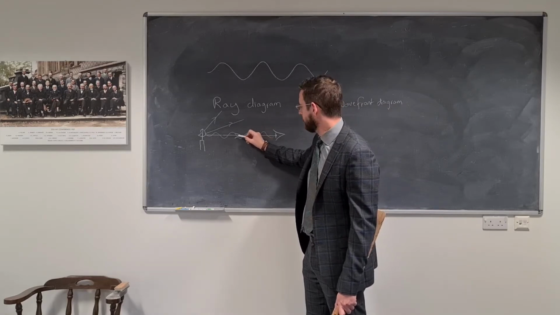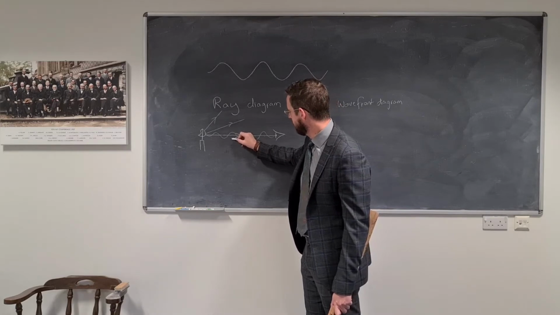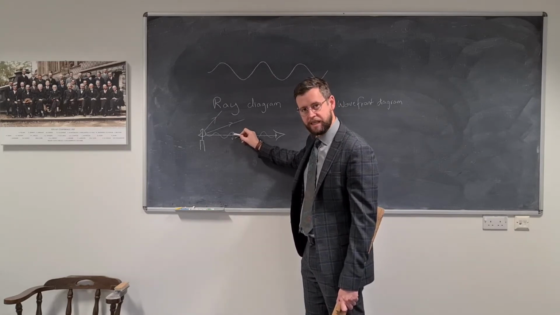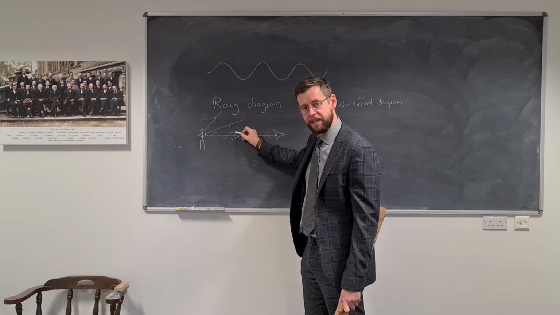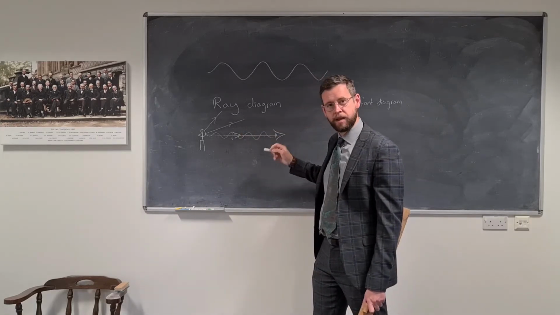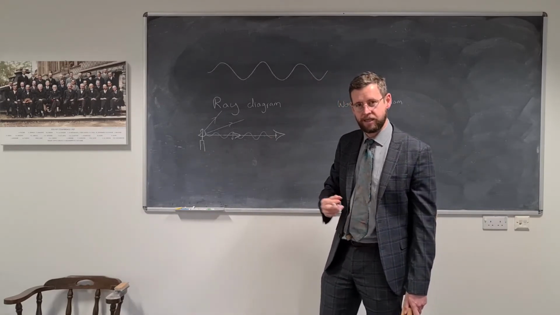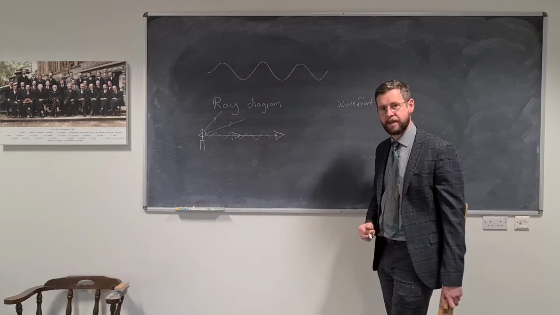And so even though the actual medium is only oscillating up and down, what we see is the apparent position of the peak moves and translates forward like a wave coming into the shore. That's what it would look like if we could actually see it on this sort of scale.